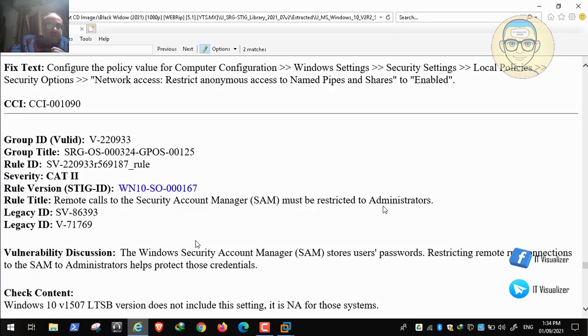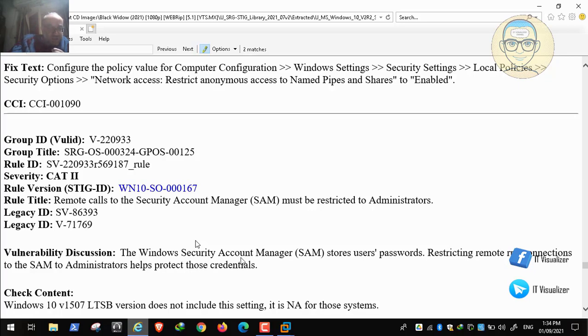So we need to restrict access to the security account manager database only to administrators. Okay, so this is one of the things, and especially remote calls. Remote calls means that it is accessed remotely. This should be restricted to administrators only, local administrators or domain administrators. It says that since the SAM stores passwords, restricting remote RPC connections to the SAM to administrators helps protect those credentials, because actually when you connect to this database, it will store your administrator password as well.